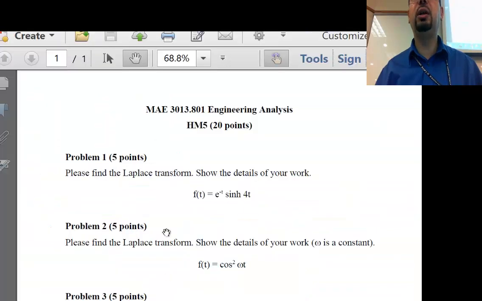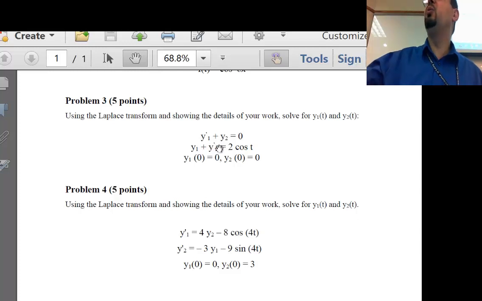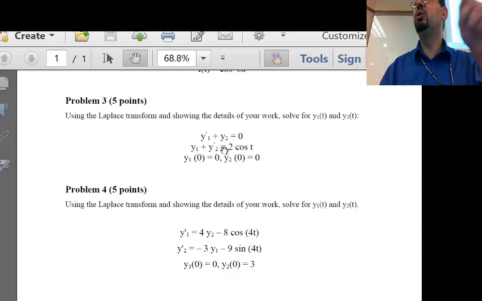That actually will happen twice in your homework. See this y1 prime plus y2 equals 0, and y1 plus y2 prime. What is this y prime? dy1 by dt. That's what we want to get the Laplace for.